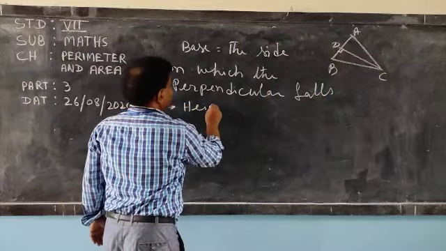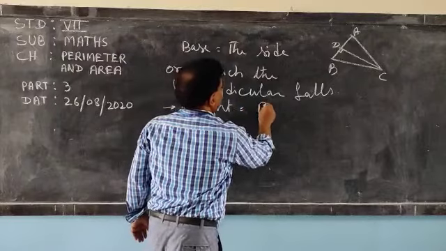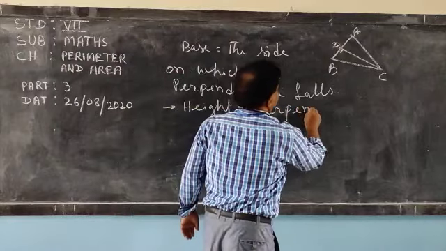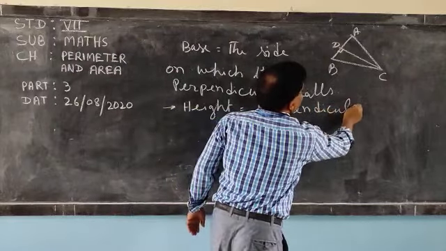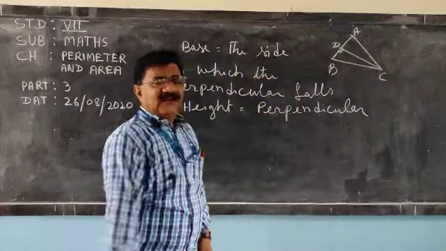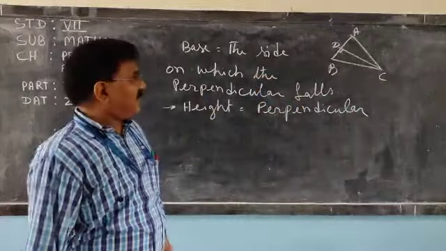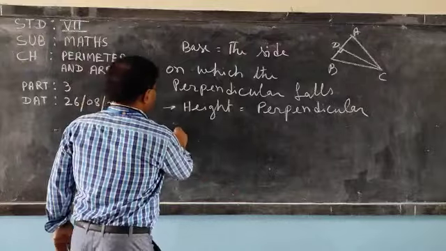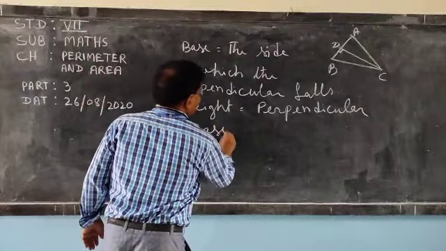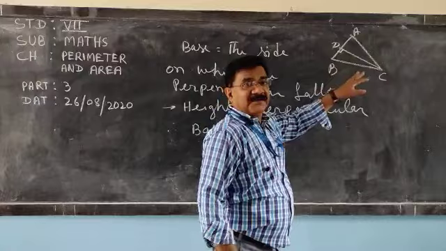Height is perpendicular. Now in this triangle, what will be the base and what will be the height? Base will be which one? BC?